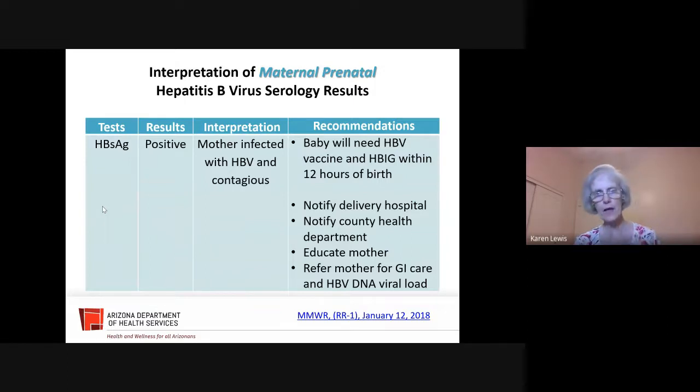You'll notify the hospital of the mother being positive and the county health department so they can follow up on vaccination and serology testing, and you educate the mother, and the mother needs GI care. More and more, they're giving the mother an antiviral for hepatitis B, so there are very low levels of hepatitis B, to decrease the risk of the child getting hepatitis B.